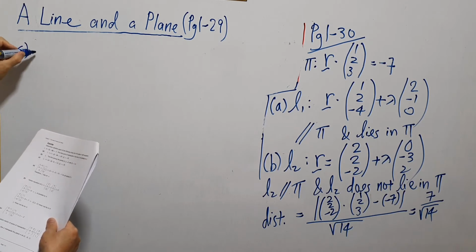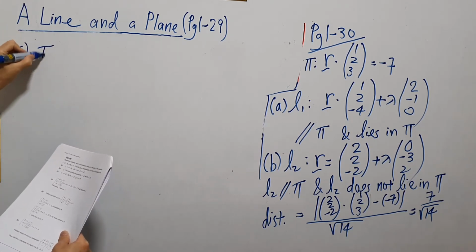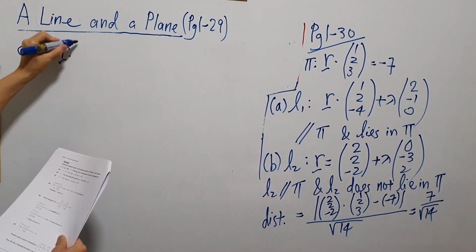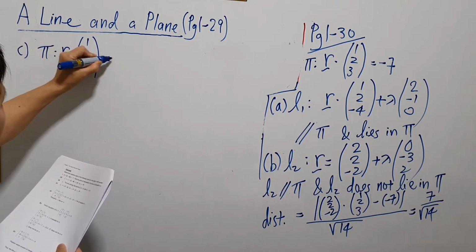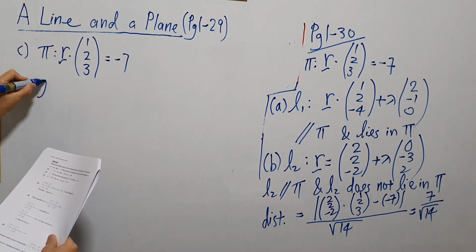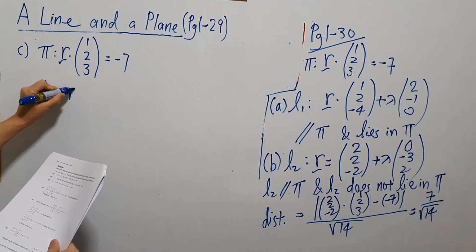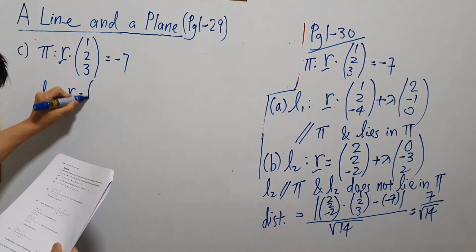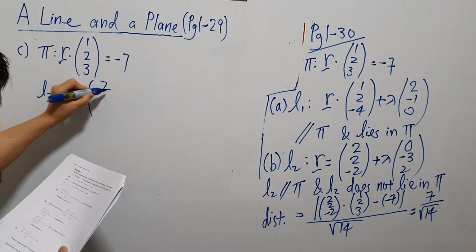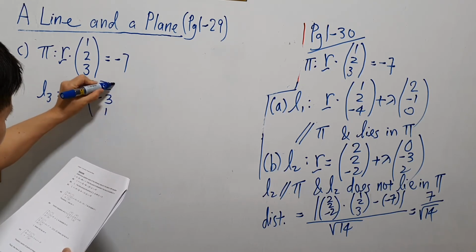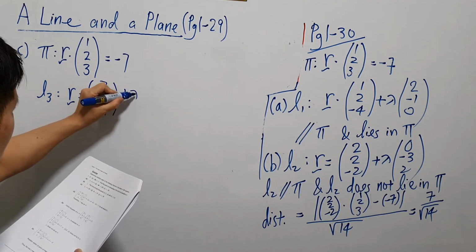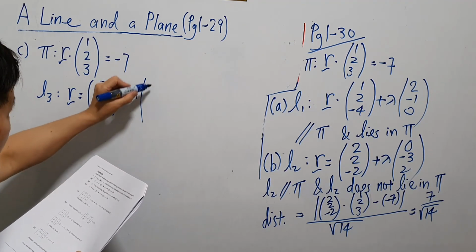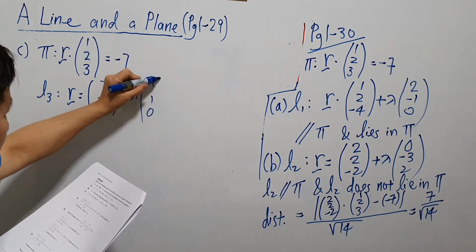Of course, it's the same plane pi: r dot (1, 2, 3) equals minus 7. And then the line L3 is r equals (2, minus 3, 1) plus lambda of (1, 1, 0).